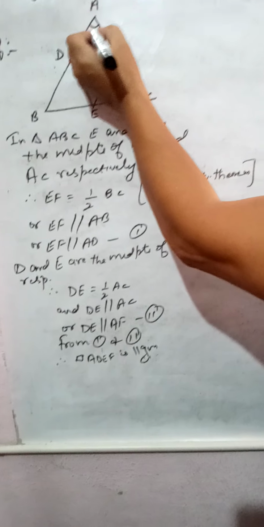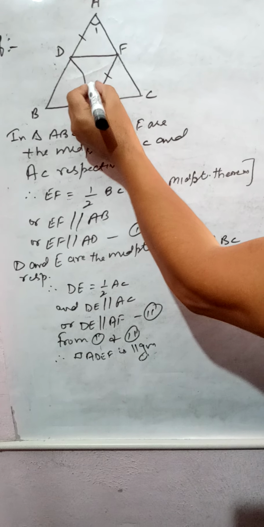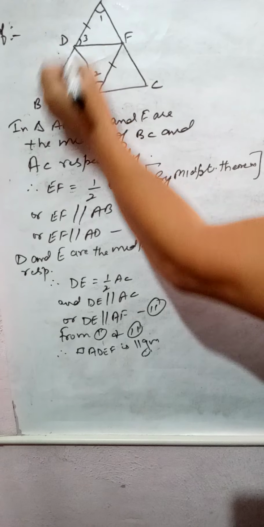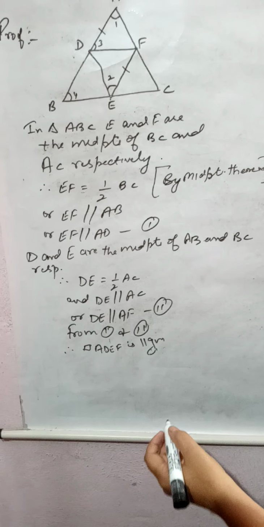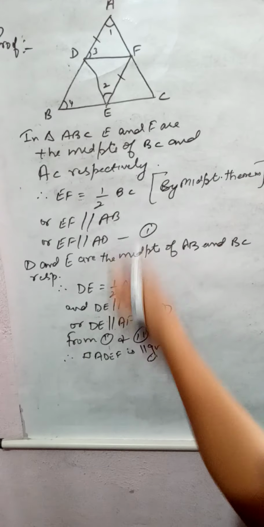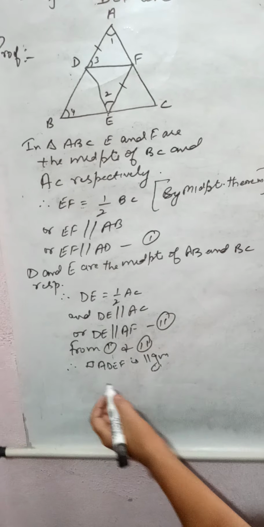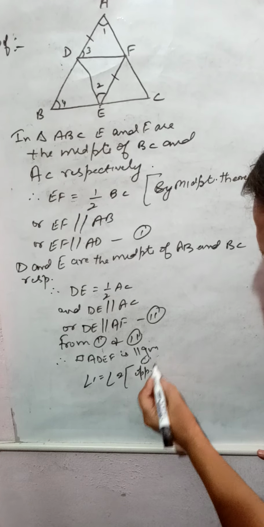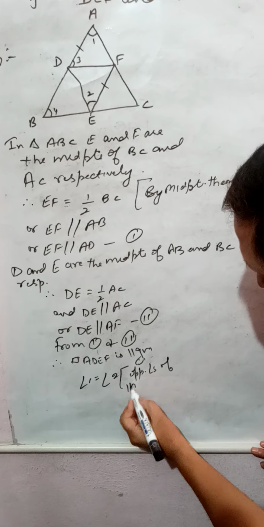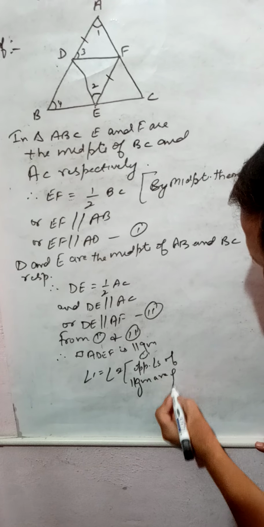Let the angles be 1, 2, 3 and 4. Angle 1 equals angle 2. Why? Opposite angles of a parallelogram are equal.